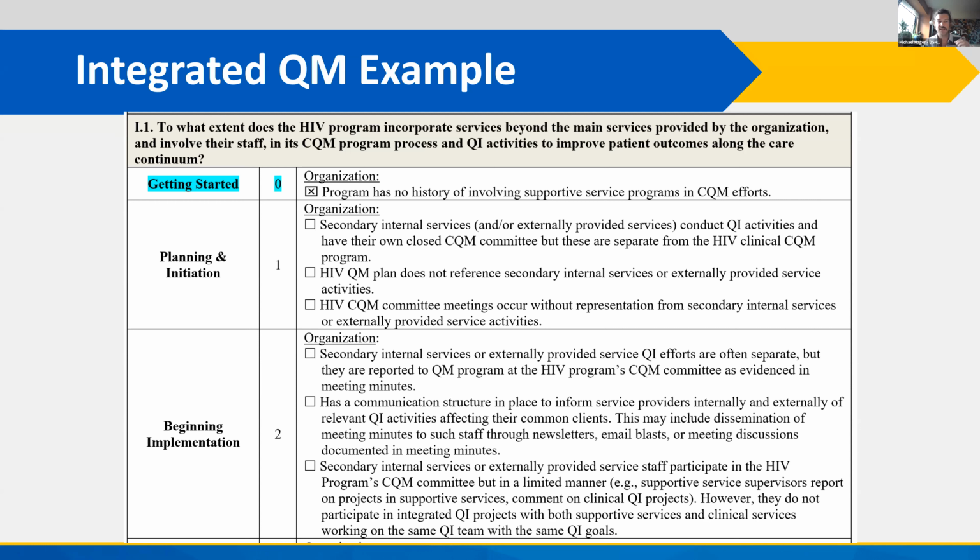So you can see by the time we get to a score of 2, secondary internal services or externally provided service QI efforts are often separate, but they are reported to the QM program. You can see here that this is actually a really tough question. Most of us in the service industry do not have these opportunities to let in external people.